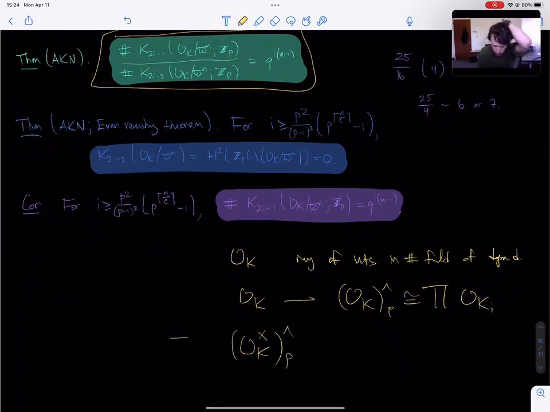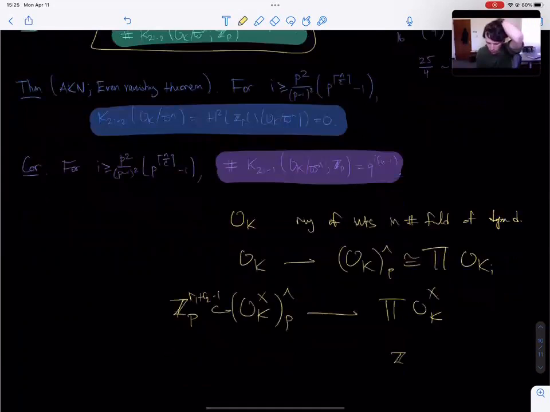And inside here is a big lattice, a finite index subgroup of the form Z_p to the rank of the units, which is given by some theorem, r1 plus r2 minus 1. And I can map this into the units of this product of the O_{K_i}^×, and this is roughly speaking rank Z_p to the d. And of course, d is at least r1 plus r2 minus 1. The conjecture is that this map is injective.